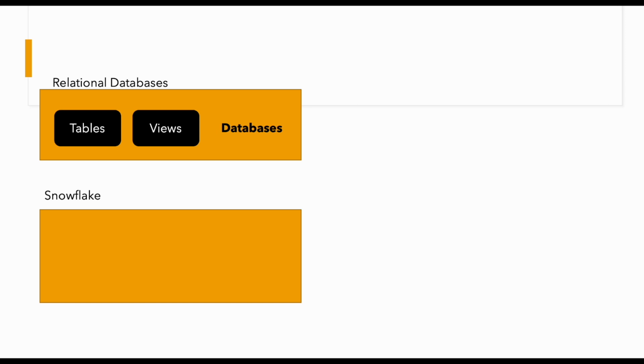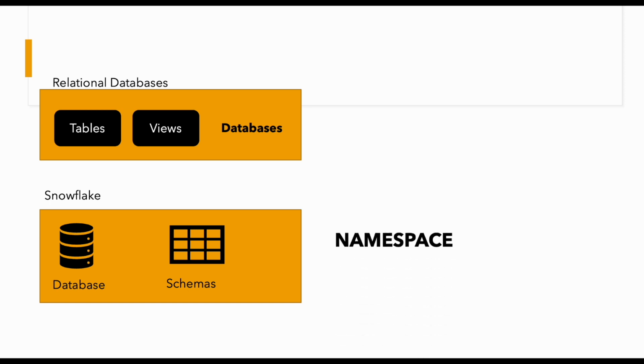But in the Snowflake world, Snowflake logically groups its area as a database and a schema, and collectively, this group is called a namespace. So when you come into a namespace in Snowflake, you can call it a database, but a schema and a database collectively is called a namespace. And I'll show you the demo of it in a second.